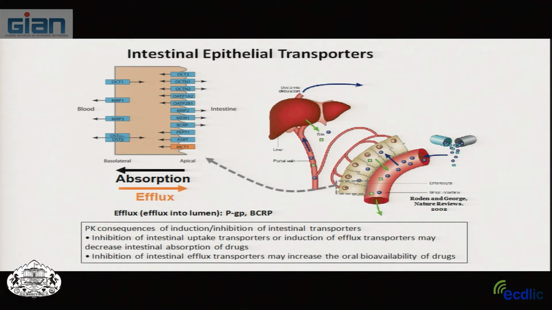And inhibition of the efflux transporters may increase bioavailability, and that's one of the ways you could increase the absorption or availability, by inhibiting these pumps. But still we are far from selectively inhibiting some of these transporters.